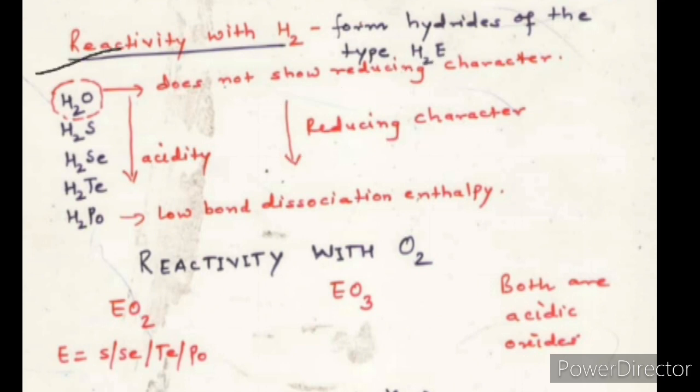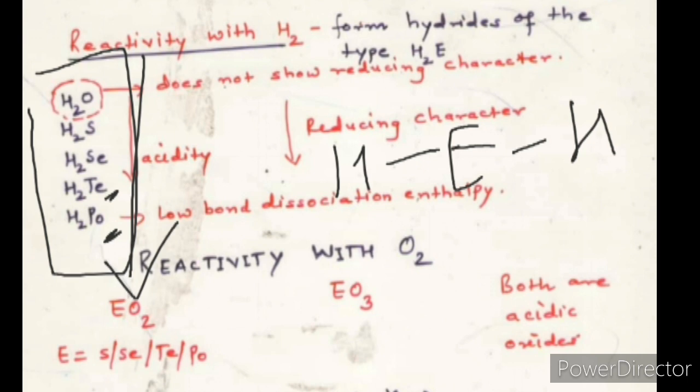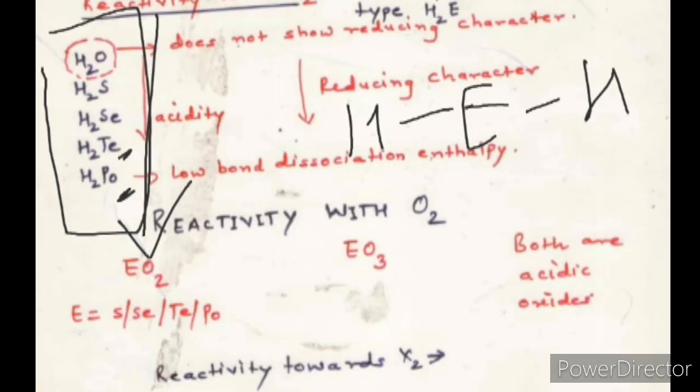If you talk about the hydrides of this family, as we start going down the group, the size of the central atom goes on increasing and the tendency to make bonds with the tiny hydrogen atoms goes on decreasing, because the central atom is very big and hydrogen is very small.